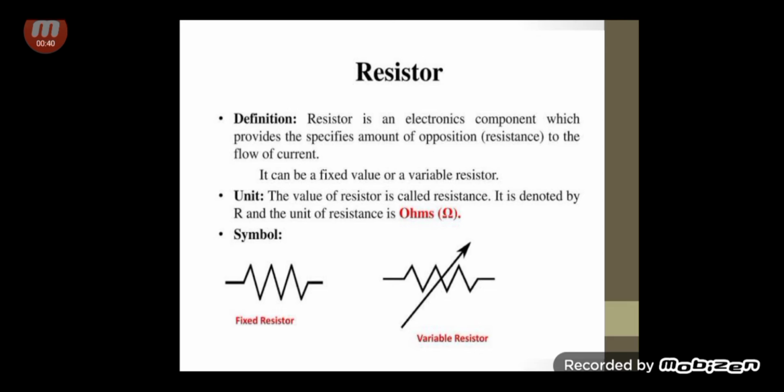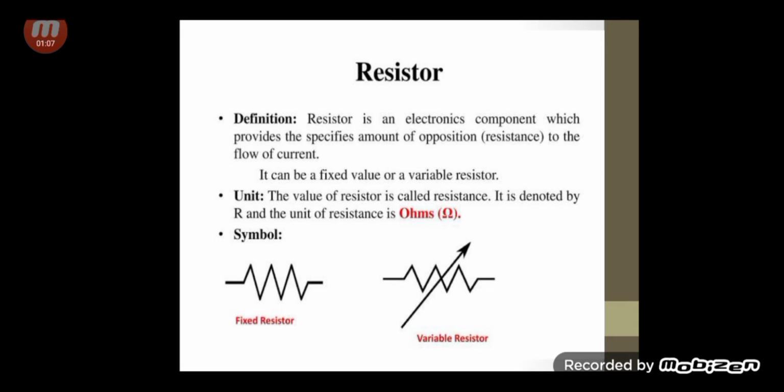It can be a fixed value or it can be a variable value. If it has a fixed value, it is a fixed resistor, and if it has a variable value, so that you may change the resistance of the resistor, it is called a variable resistor. The value of a resistor is called resistance, it is denoted by capital letter R, and the unit of resistance is ohms.